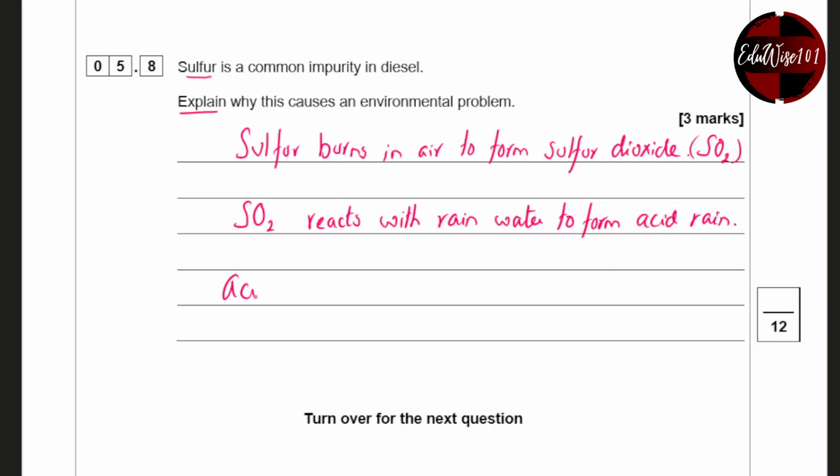Acid rain damages buildings and plant growth, right? We call it weathering in buildings, where stone buildings can slowly dissolve over time. You don't have to give two reasons, but acid rain damages buildings. That will give you the third mark.